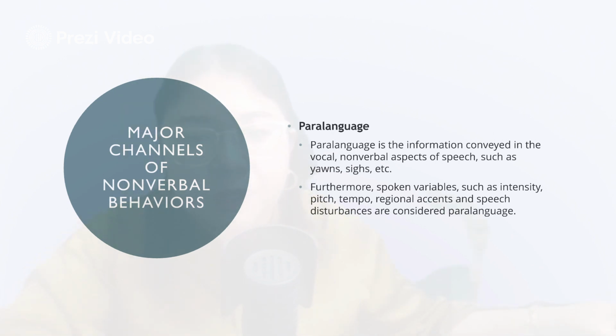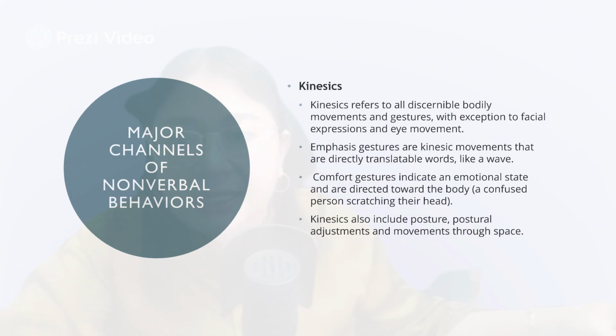The next one is kinesthetic. I believe that you have heard about kinesthetic before. Kinesthetic refers to all discernible bodily movement and gestures, with the exception of facial expression and eye movement. So it refers to any movement.